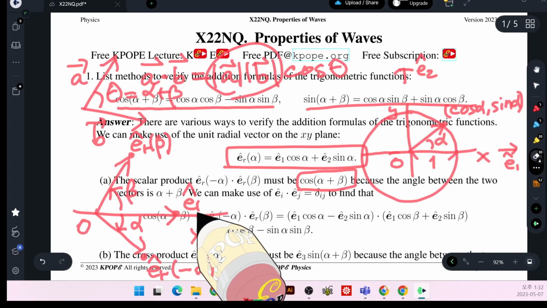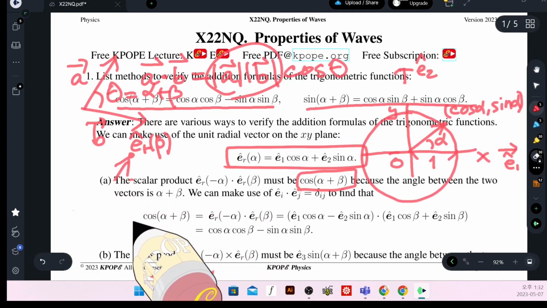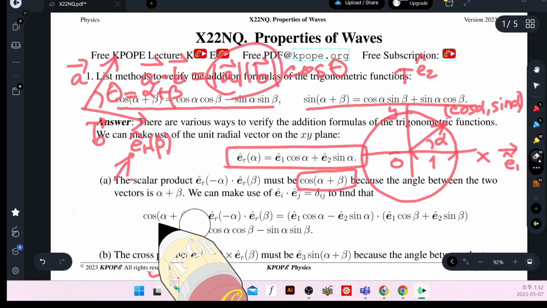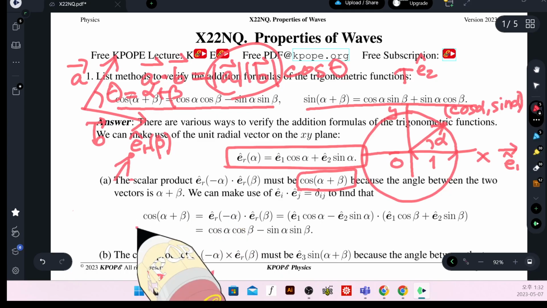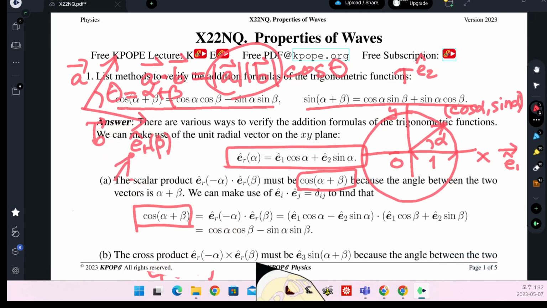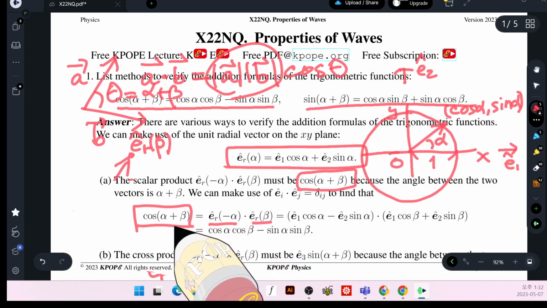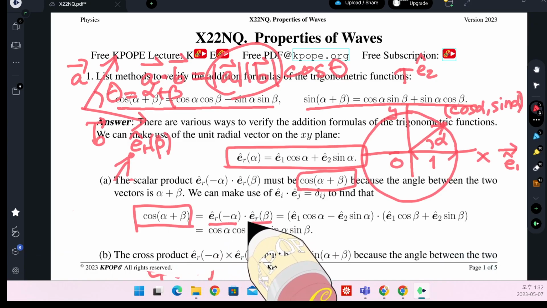Therefore, cosine of alpha plus beta is the angle between the two unit vectors, this and this. This is nothing but ER of minus alpha, scalar product with ER of beta.